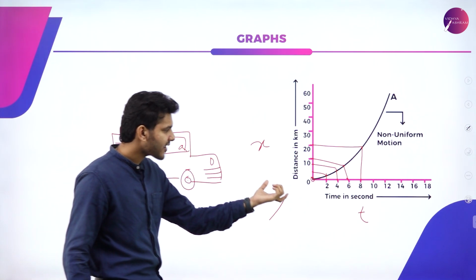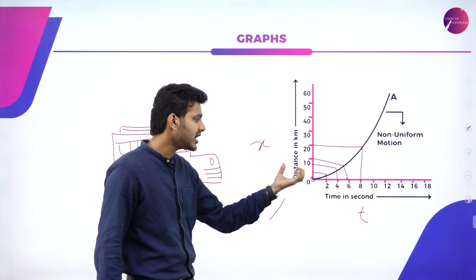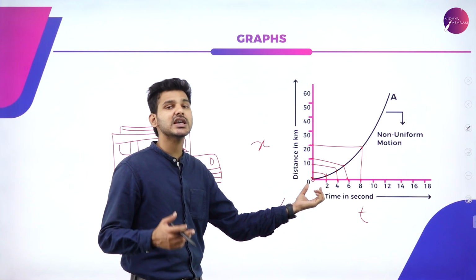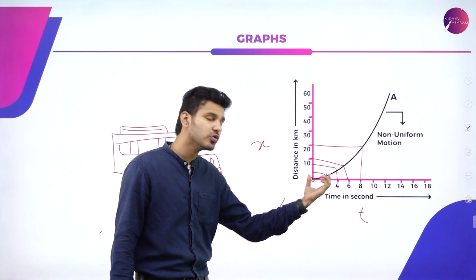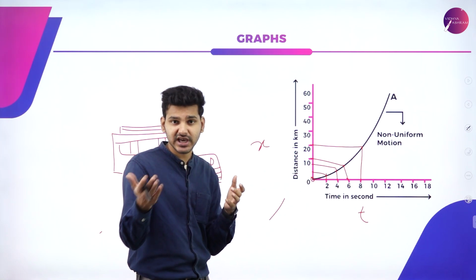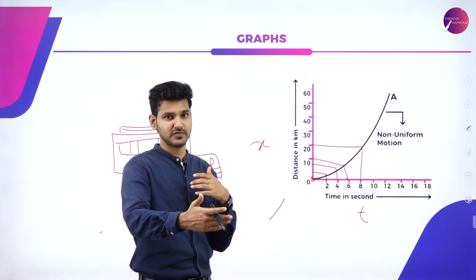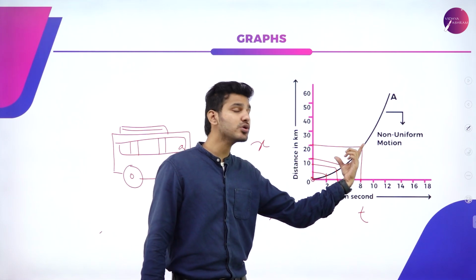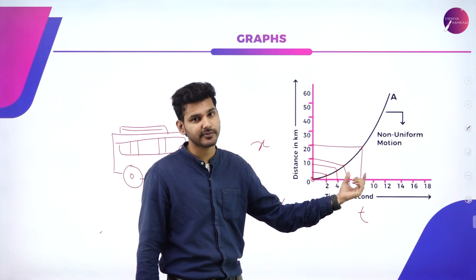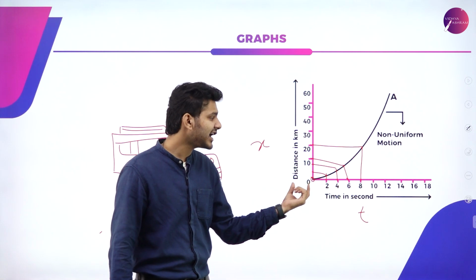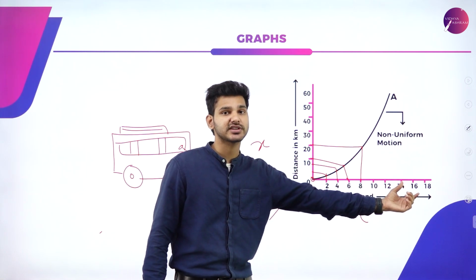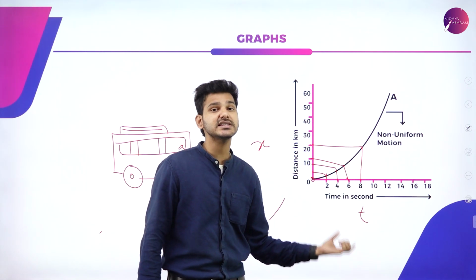Then after it started to move, it was covering small distances in 2 seconds. But as it approached the highway, the speed increased, which means it is covering more distance in the same interval of time. So the time interval is still the same, 2 seconds, 2 seconds, but the distance covered is different.